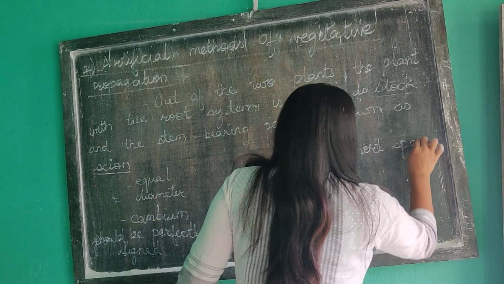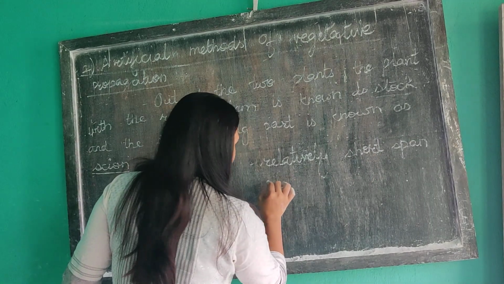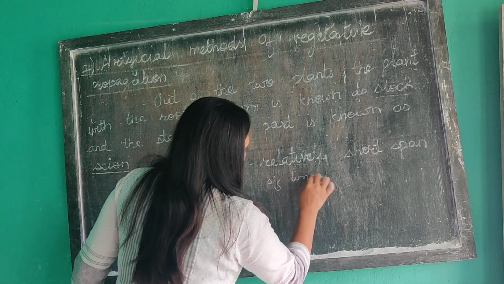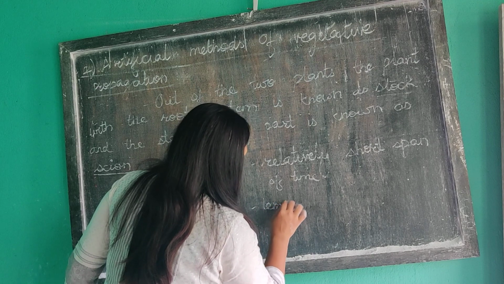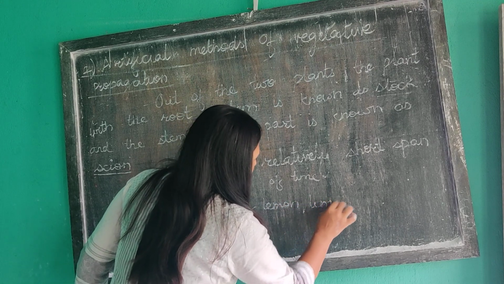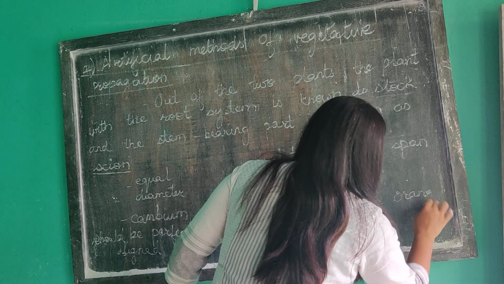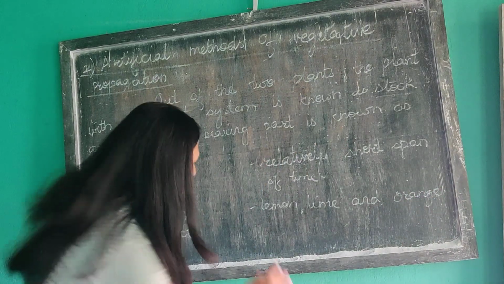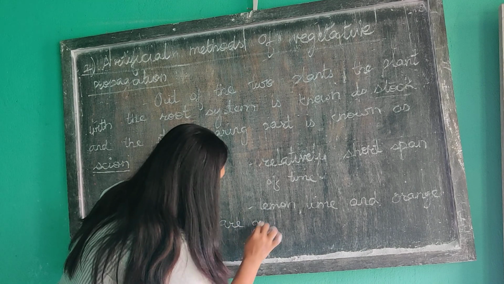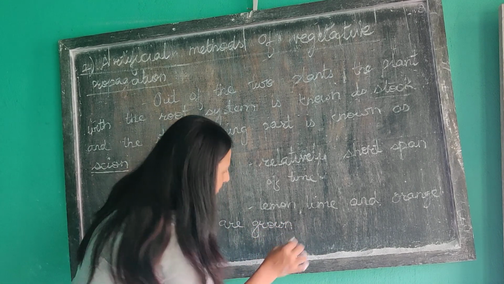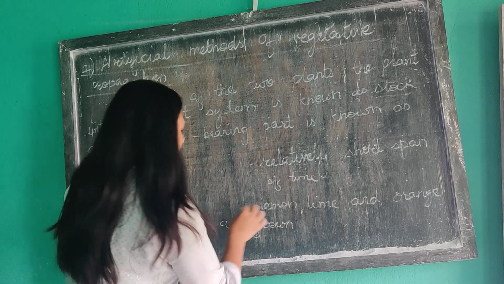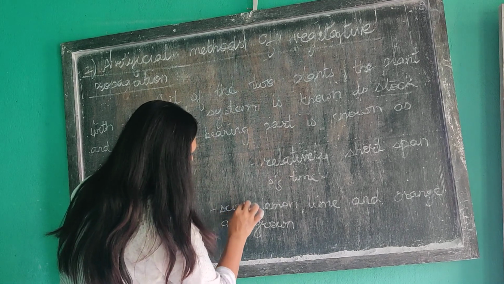Usually के गरिन्छ भन्दाखेरि चाहिँ plants like lemon, okay, lime and orange, okay, all these are citrus. These are grown. These are the plants of the scion of these plants are taken.